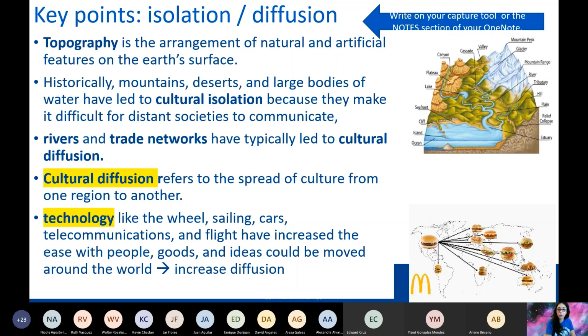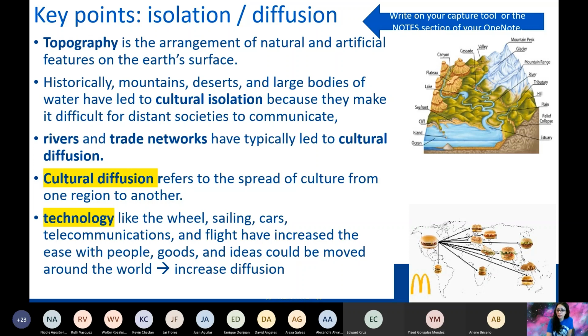Historically, before modern technology, the best way of explaining this has to do with topography. Topography is the arrangement of natural and artificial features on the Earth's surface. So mountains, rivers, valleys, volcanoes, whatever, it's the stuff on the natural surface of the Earth.